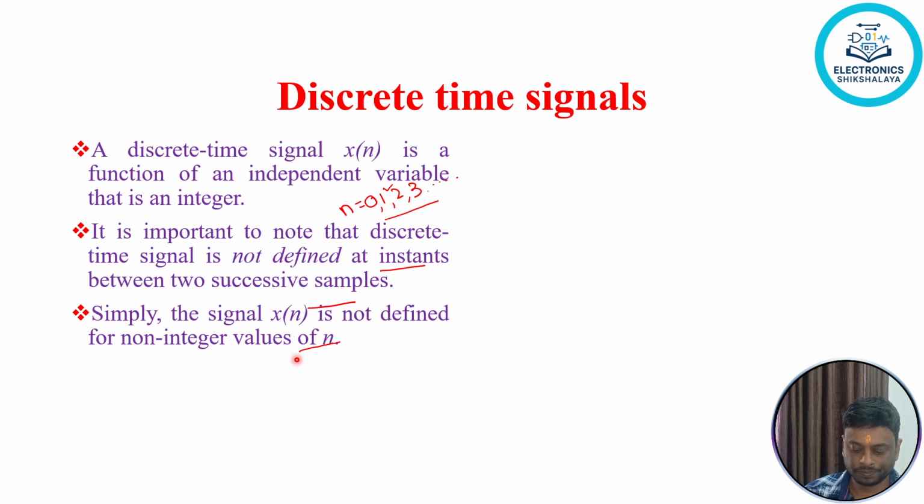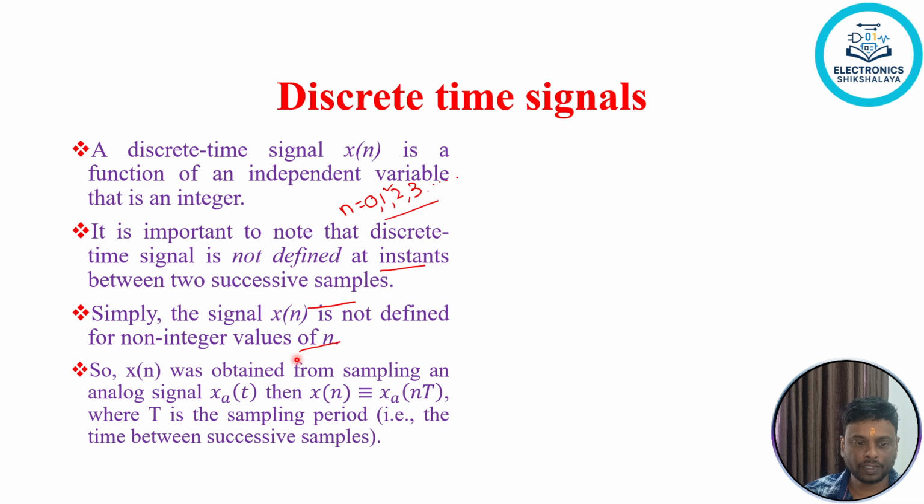So x of n is obtained from the sampling of an analog signal. If we sample the analog signal at some regular interval of time, we will obtain x of n. This is nothing but the sampling theorem.